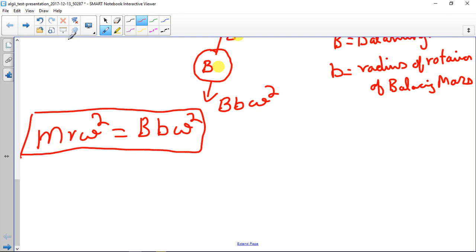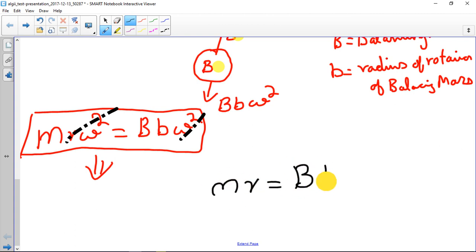Because omega is the same, we can reduce this equation: omega square will cancel. Then what will remain is M into R equal to capital B into small b.